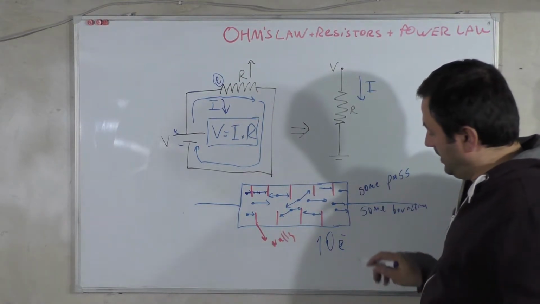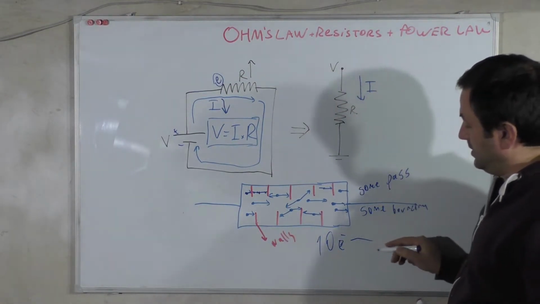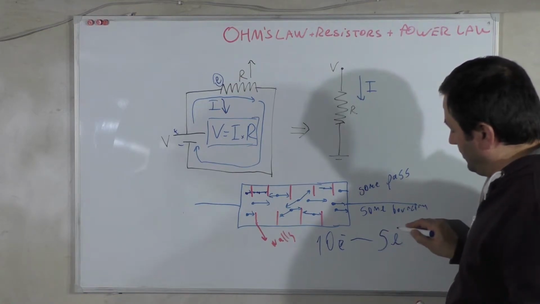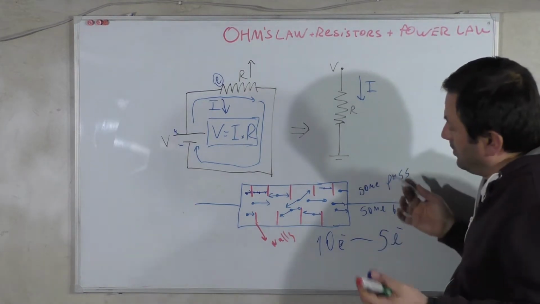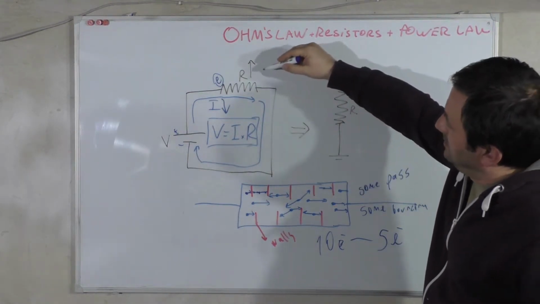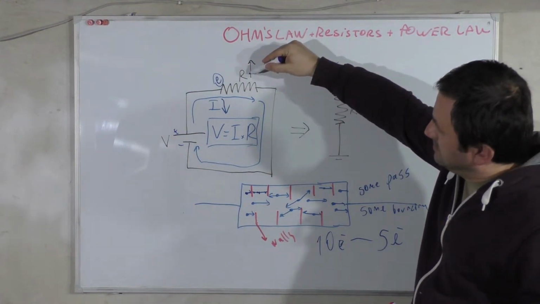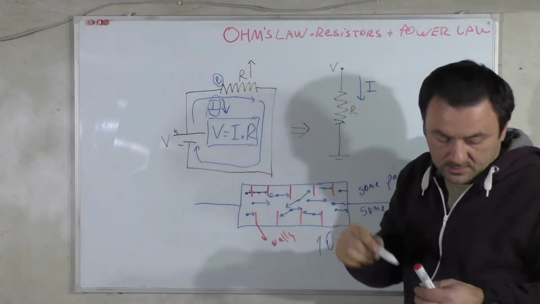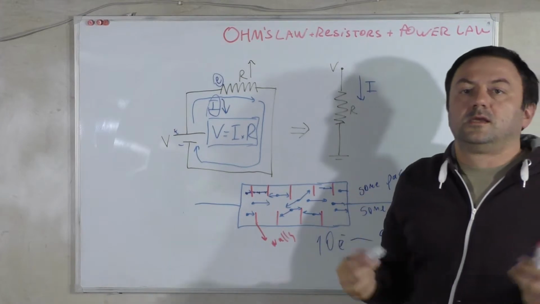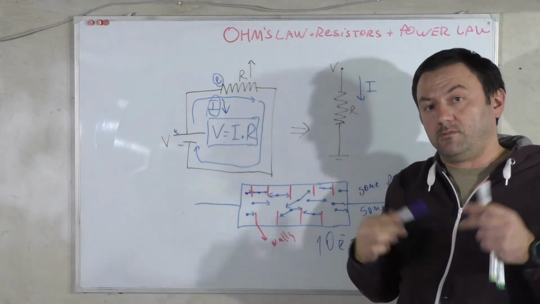If there is a resistor, now 5 electrons pass, because half of them bounce back, more or less. But if you increase the resistance value, you are decreasing the ampere. So their main duty is limiting current flow.